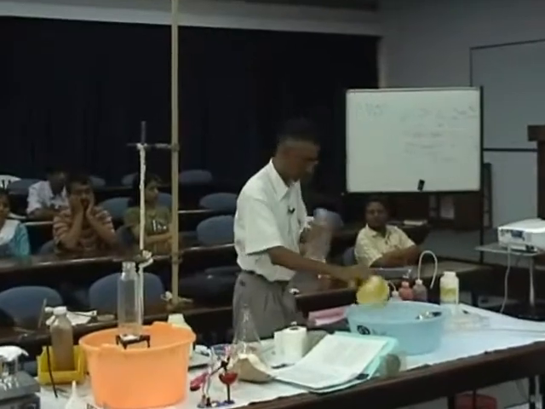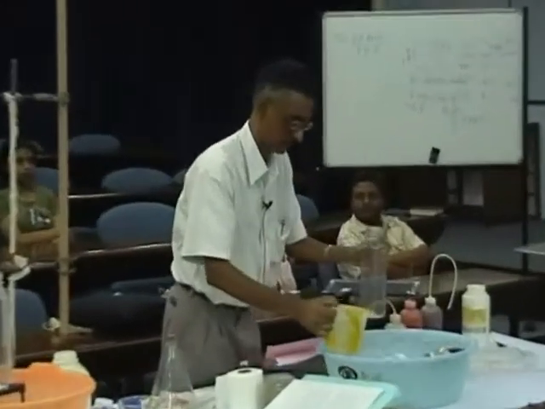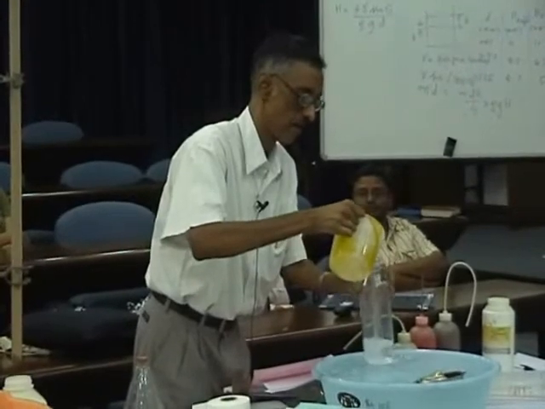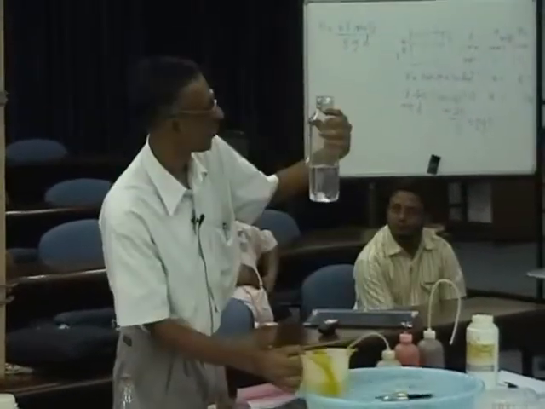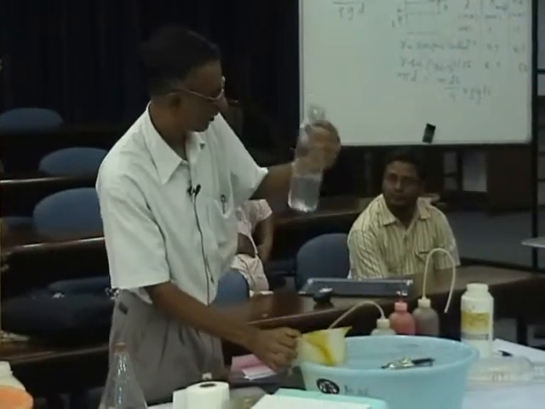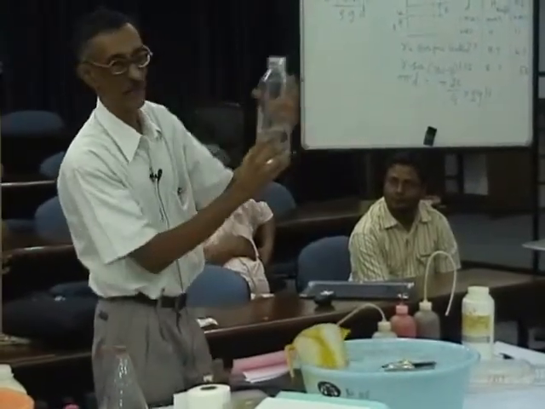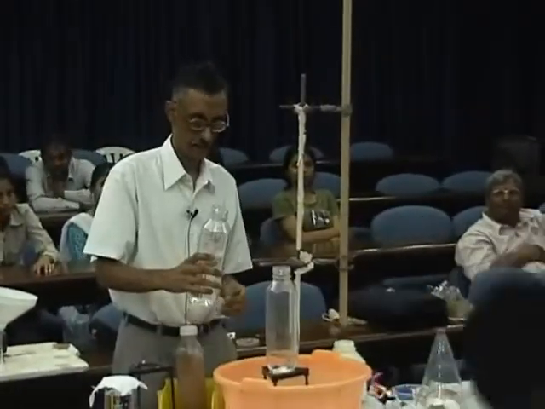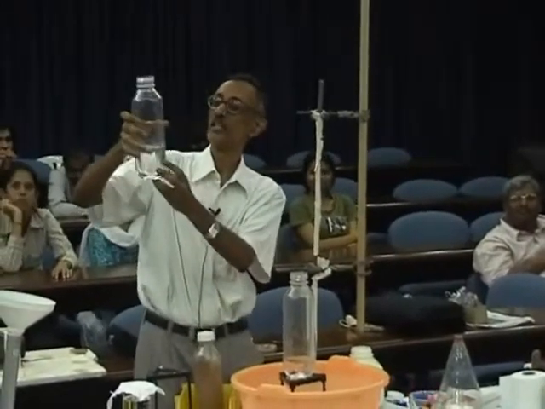Okay, I'll pour it. How long it takes for 350 ml to fall out, and then I will do it for 700 ml. You will see something surprising. Will you time it? See, now it is 350 ml.